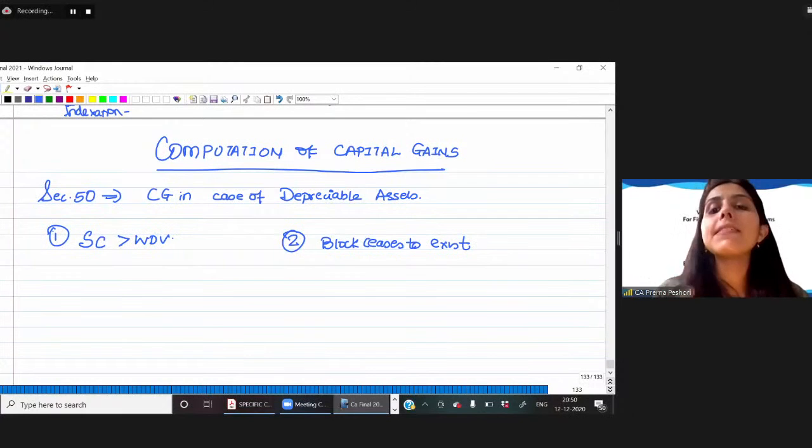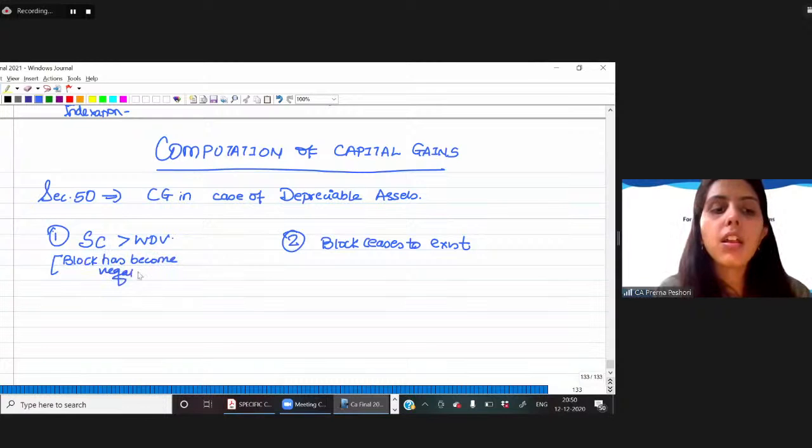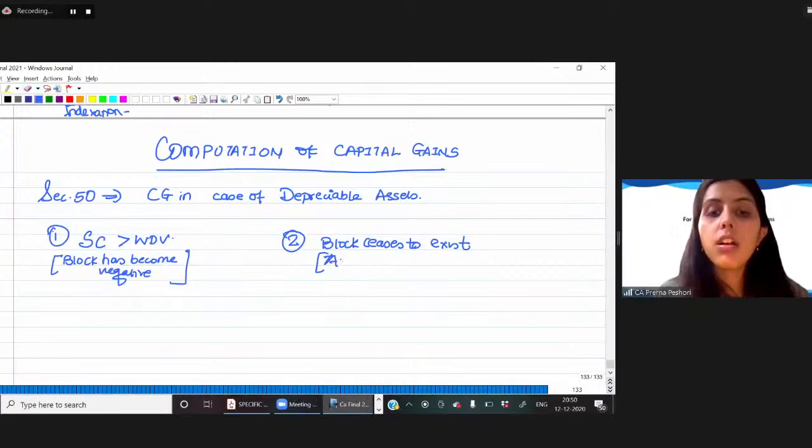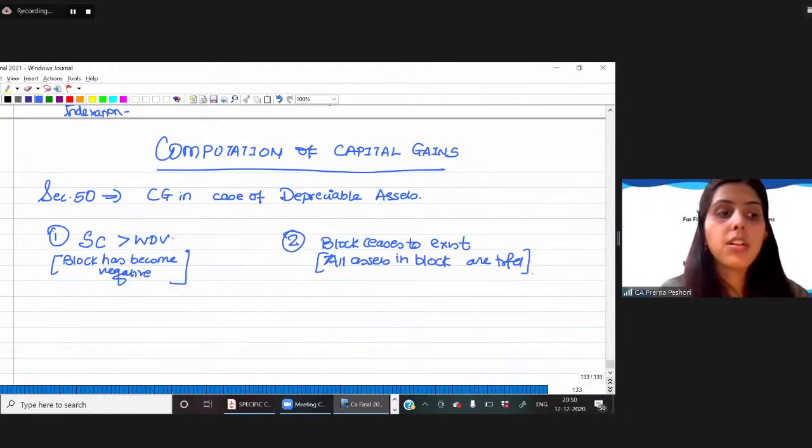So when your sale consideration is greater than WDV, meaning your block has become negative, or block ceases to exist, meaning all assets in the block are transferred, then there will be capital gain.